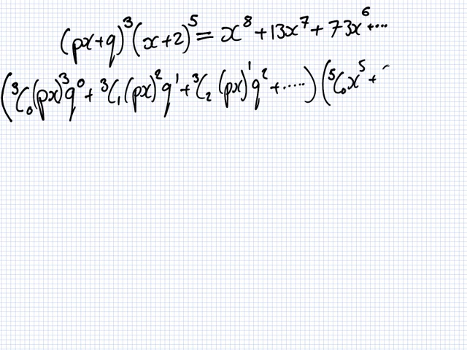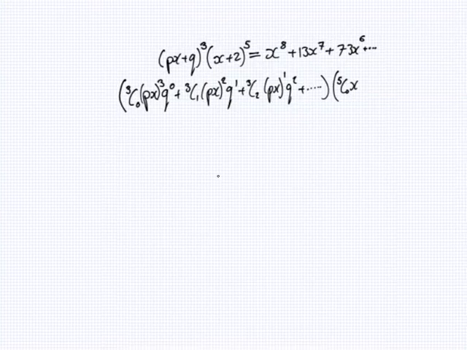5c0 x5 plus 5c1 x4 plus 5c2 x cubed. Why don't you put the 2? Oh, the 2. Because I'm hungry, that's why.